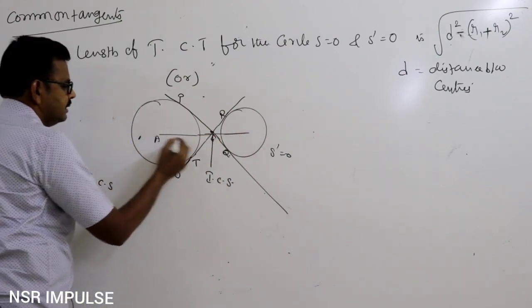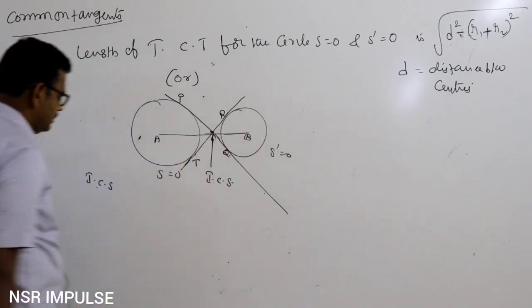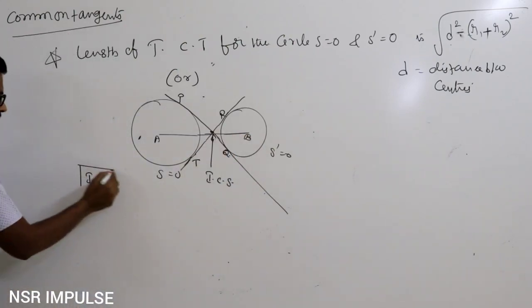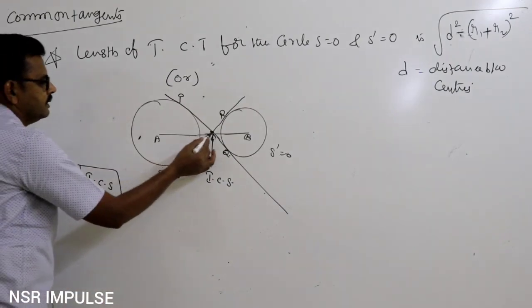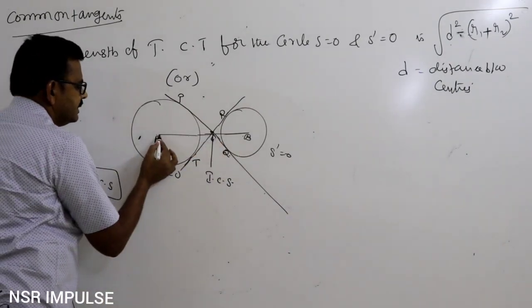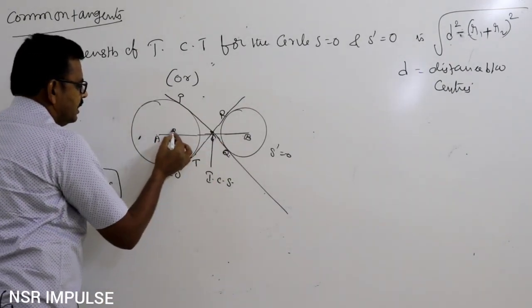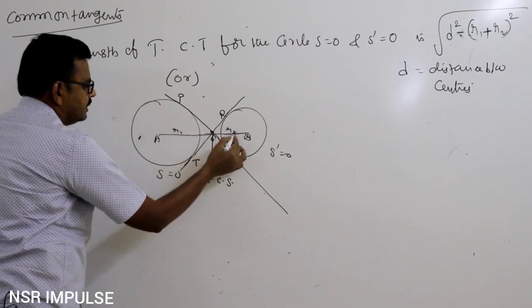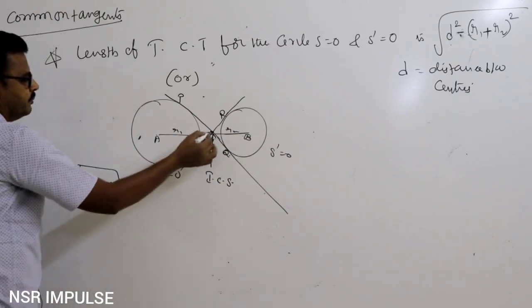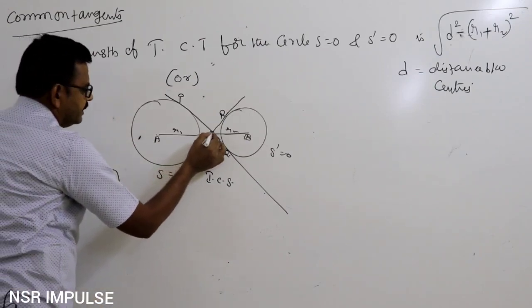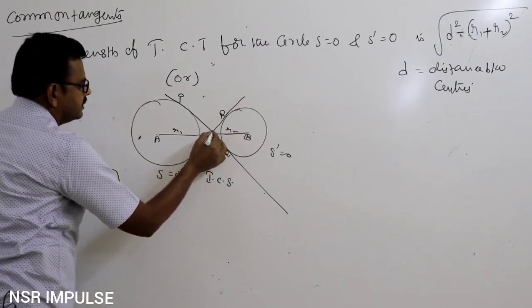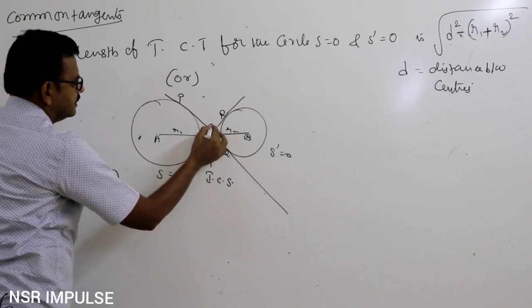So this is center A, this is center B. First find the internal center of similitude. This divides C1 C2, that means it divides AB in the ratio R1 is to R2 internally. So this is the point. Now we can call this point C.